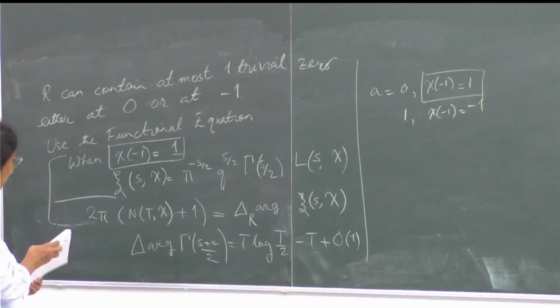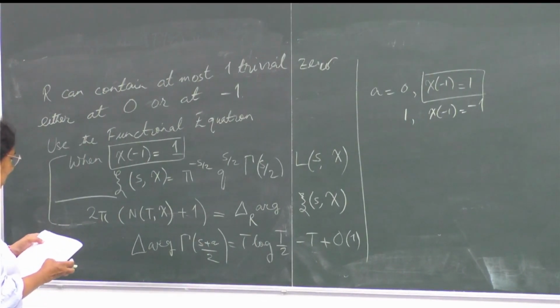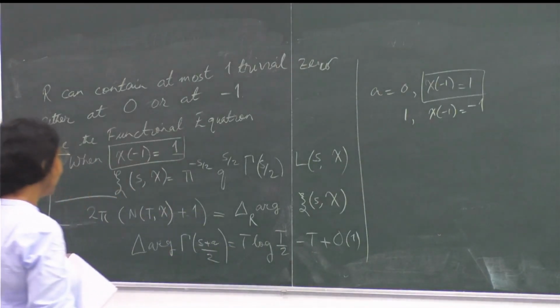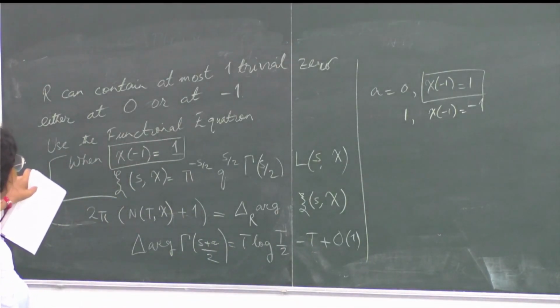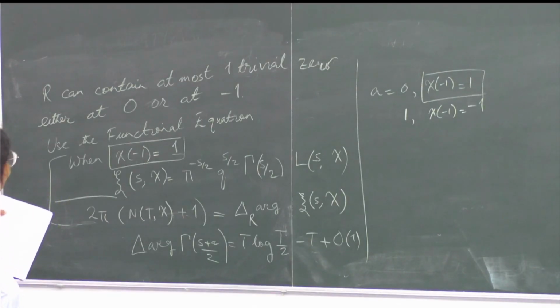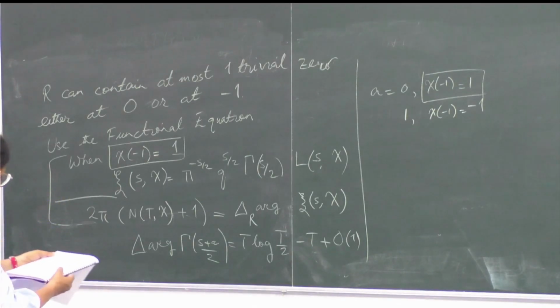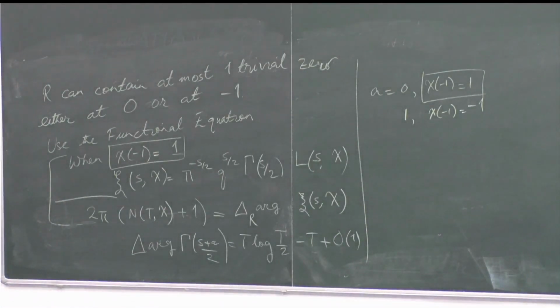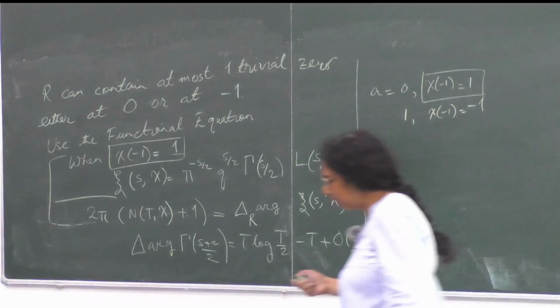Okay? So since I have an argument here, then you see delta, I can also take this to be the half contour because of symmetry. If I take from half minus iT, okay, so let's take another color.